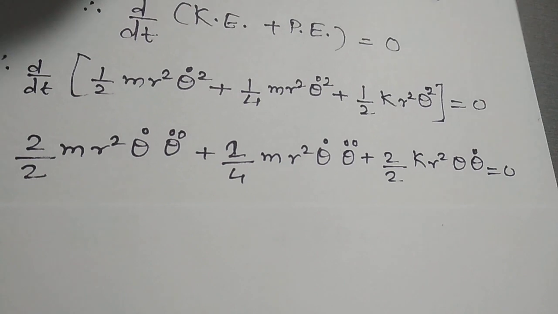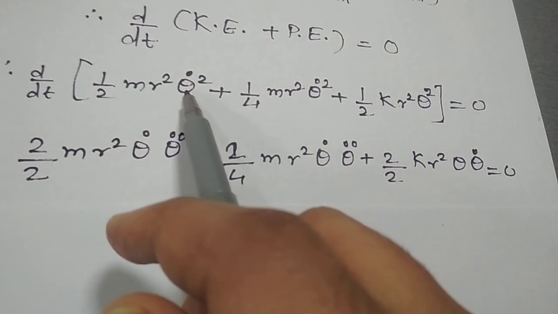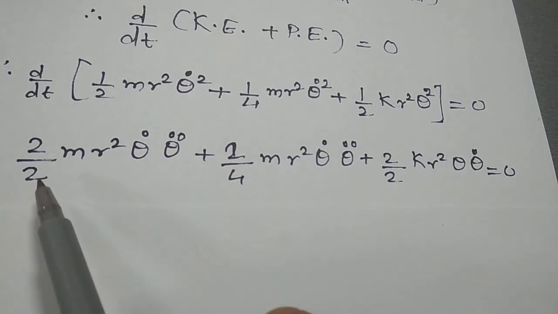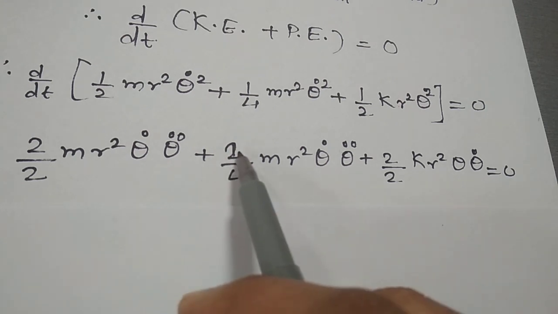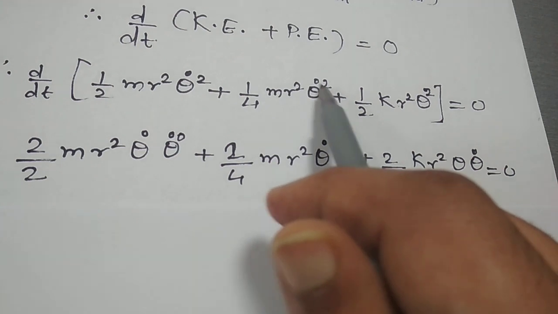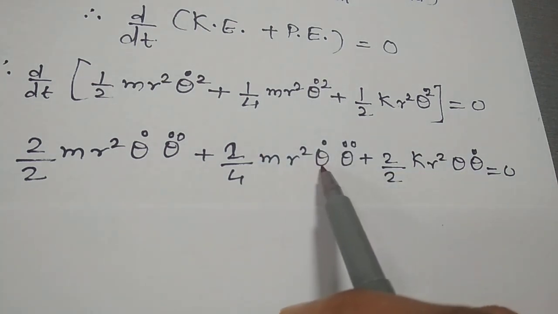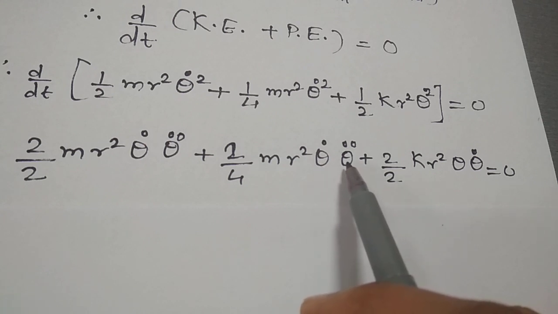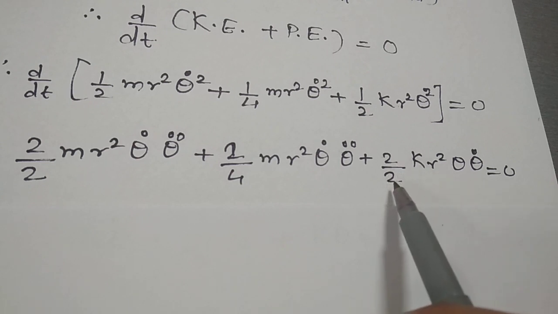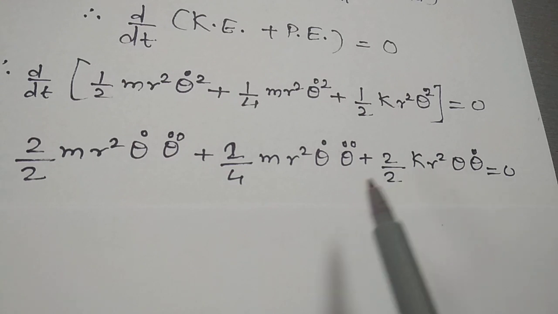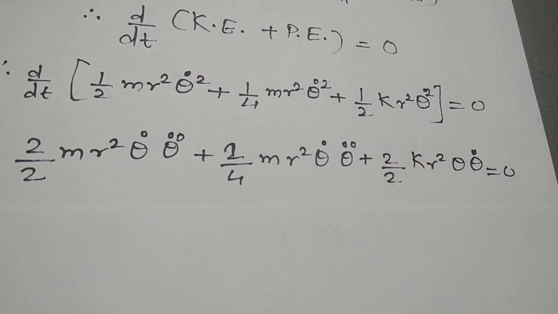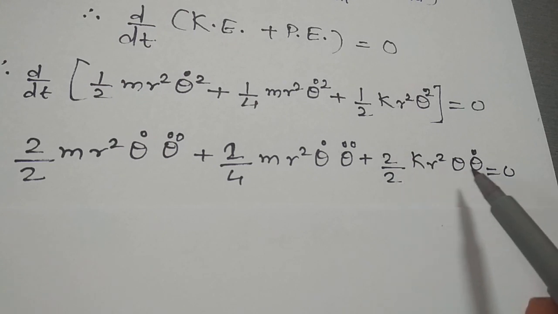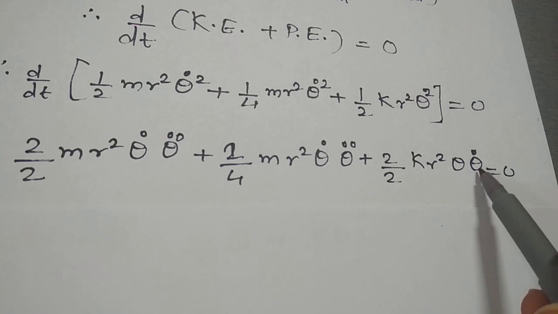Then take the derivative with respect to time. This is theta dot square, so 2/2 m r square theta dot, and the derivative of it will be theta double dot, plus again 2/4 m r square theta dot and the derivative with respect to time theta double dot, plus 2/2 k r square theta and taking the derivative, theta dot is equal to 0.